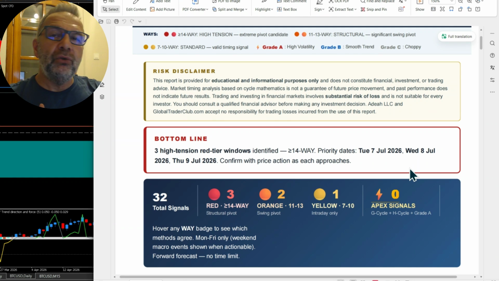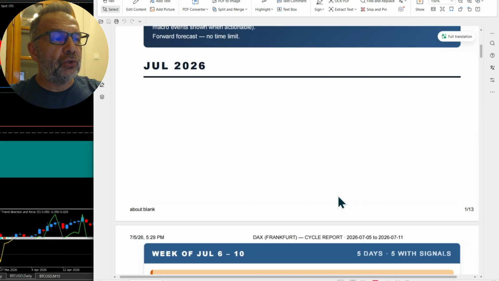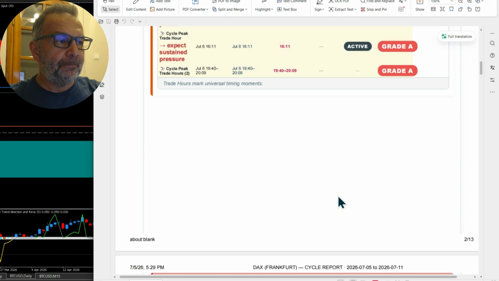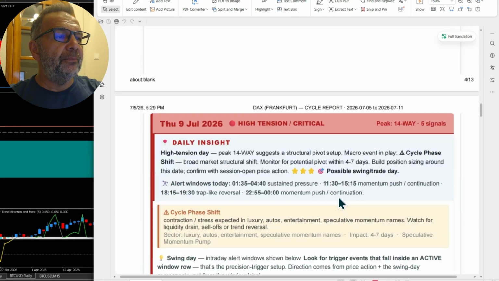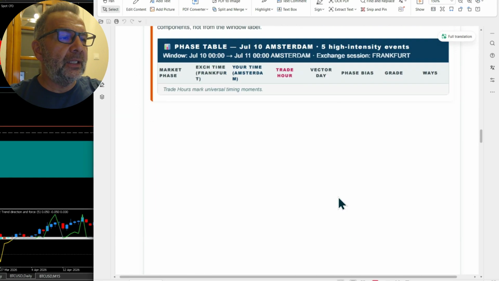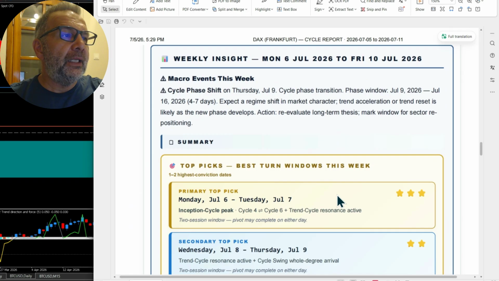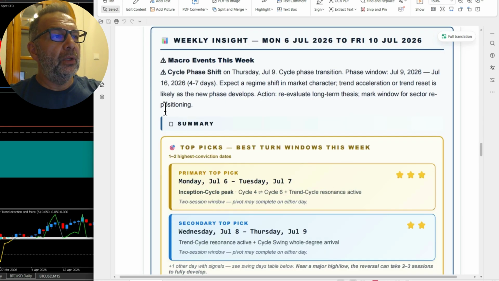What you want to do, if you want to narrow it down to the best day, is scroll down to the weekly. We'll come back to the daily afterwards, but let's first take a look at the weekly. In the weekly, the system is already going to give you a bit of information.